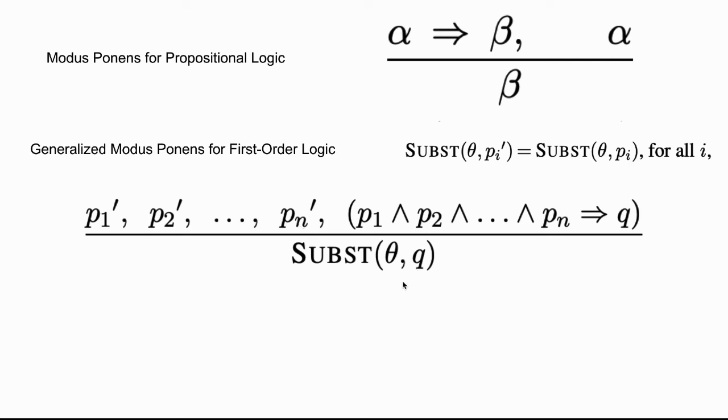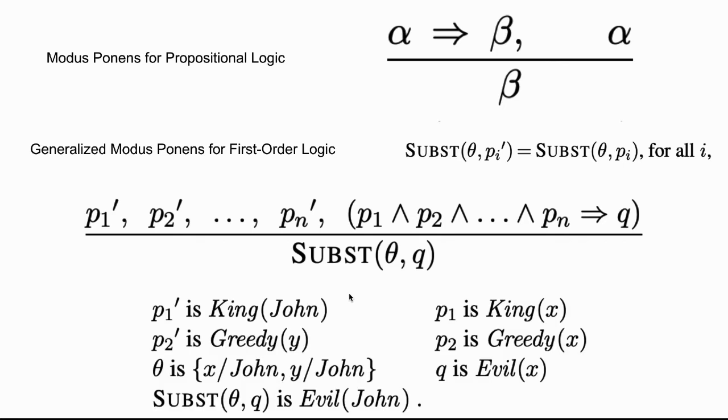Then we can take q and make the same substitution theta, and that statement will also be true. Okay, so this is the generalized version of the inference system for propositional logic.